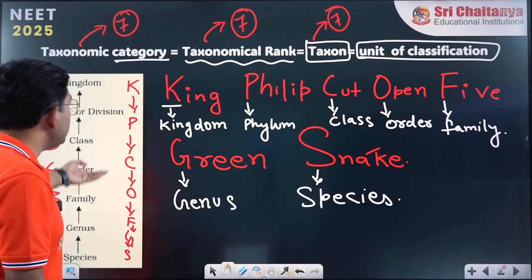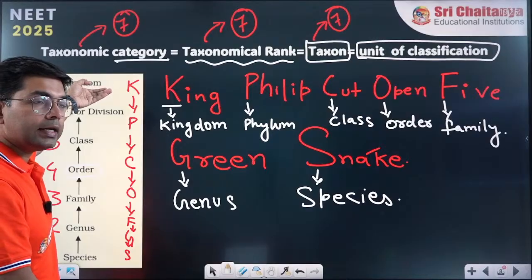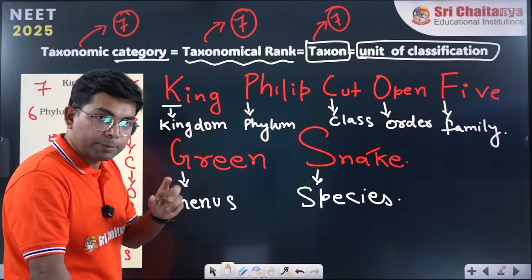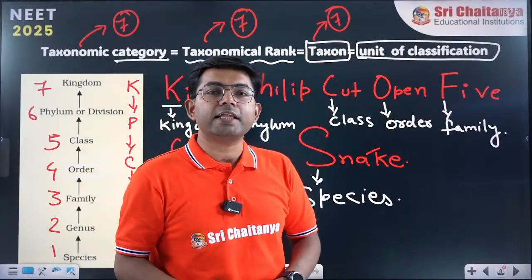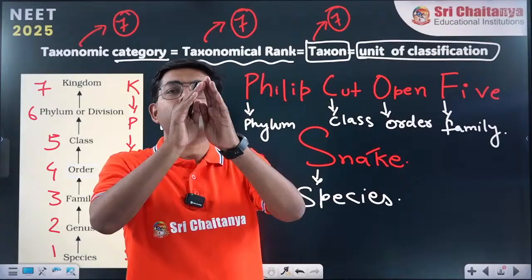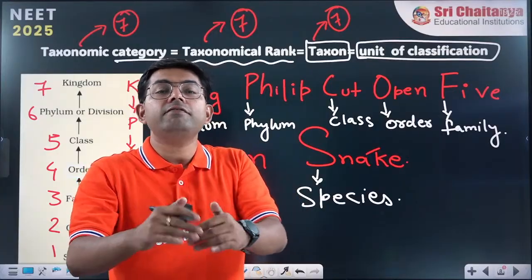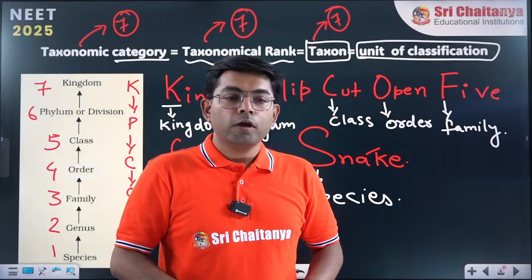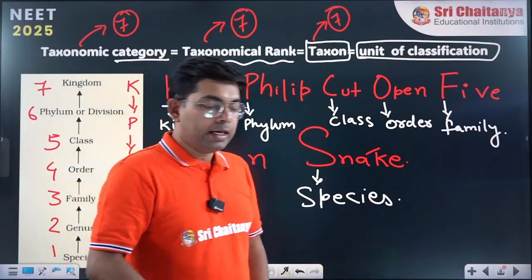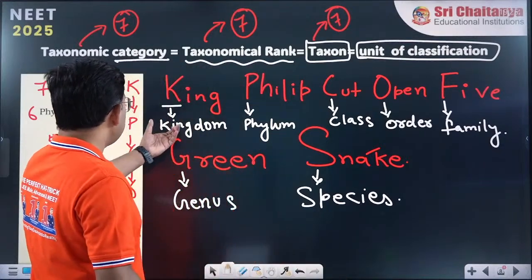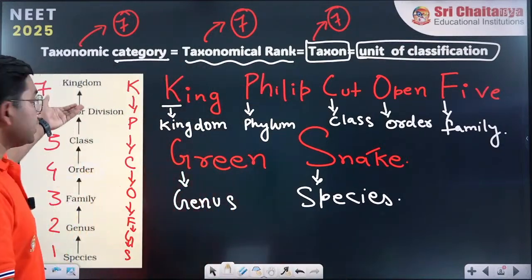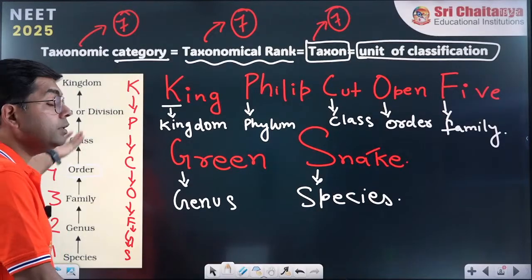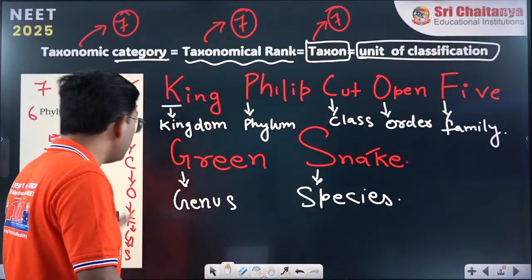More general character means the similarity is reduced and the differences increased as you go above.